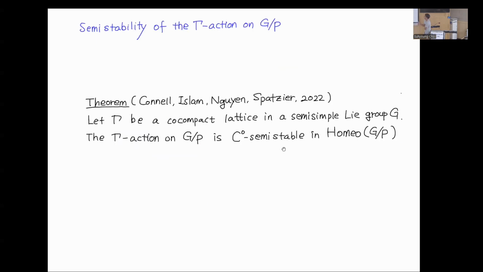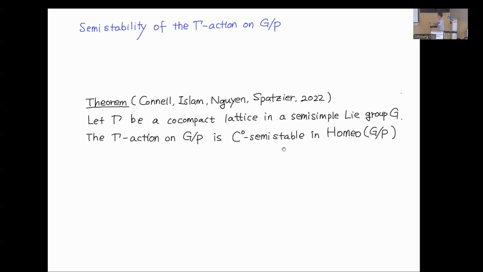Okay, and this is also an interesting theorem. After that, Cornell, Strom, Norman, and Spaghier's group also proved that this co-compact lattice action on the flag space is C0 semi-stable in the homeomorphism group of the flag space.